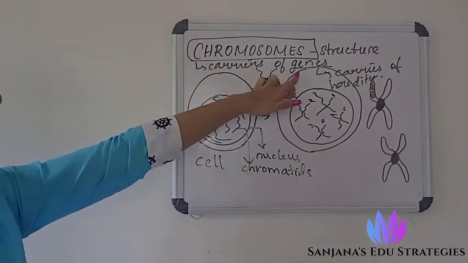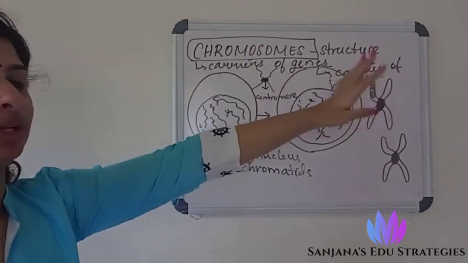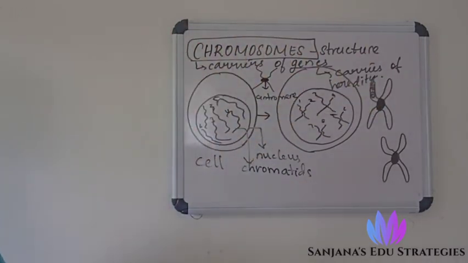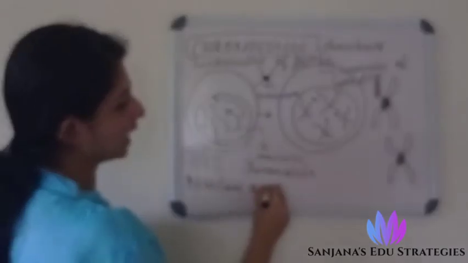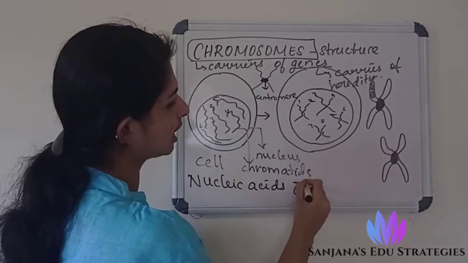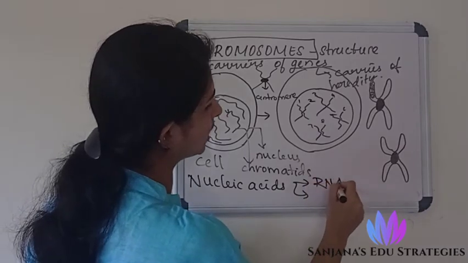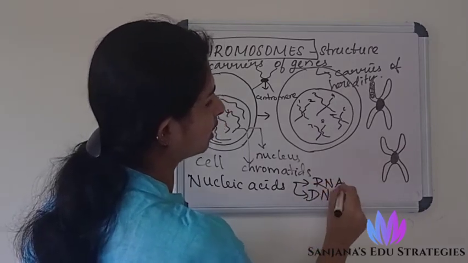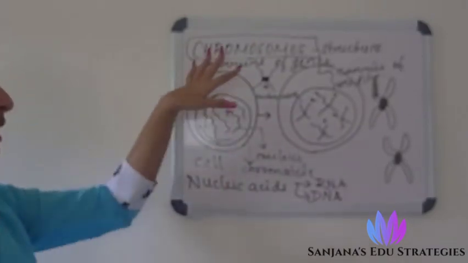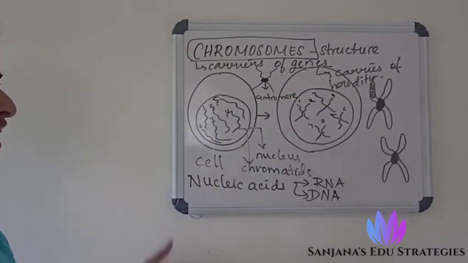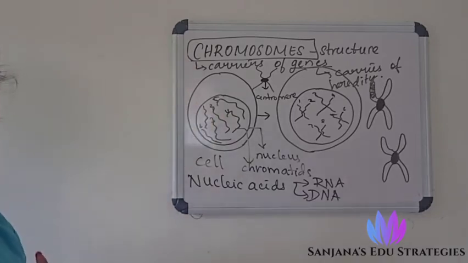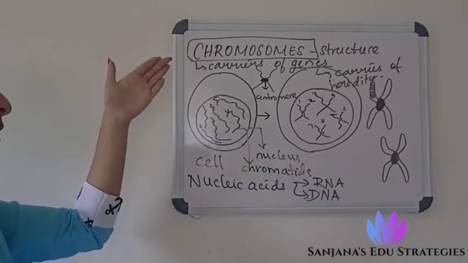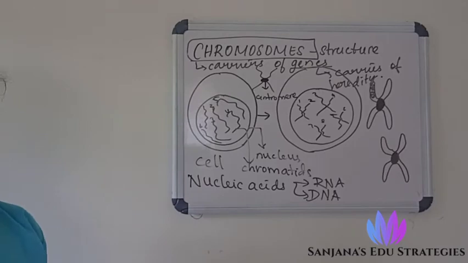Inside the chromosome we have genes. Inside genes we have nucleic acids. What are the nucleic acids? Nucleic acids are two: one is RNA and the other is DNA. All this is present inside the chromosome. Where is the chromosome present? The chromosome is present inside the nucleus, and the nucleus is present inside the cell. This you have to understand.